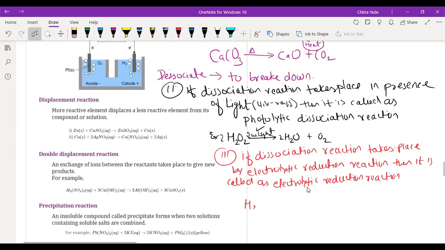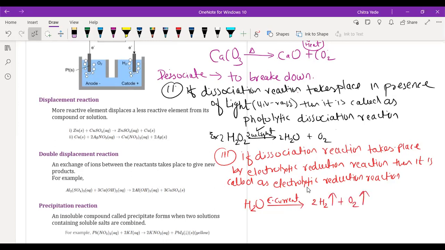When water dissociates in presence of electric current, E current, E current means electric current, so don't get confused. It gives hydrogen gas along with oxygen gas.